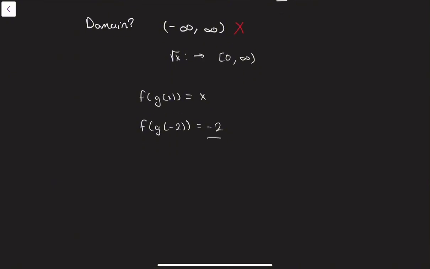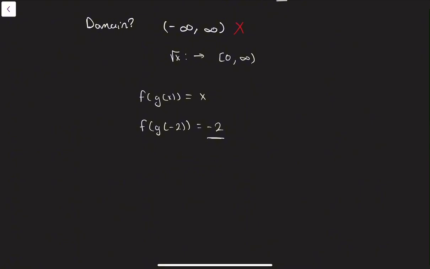You may think that this is true. However, this can't work. Since g of x is equal to root x, we're not able to compute root of -2. That's not a real number. So that can't be the case.